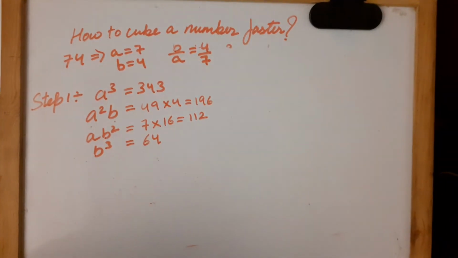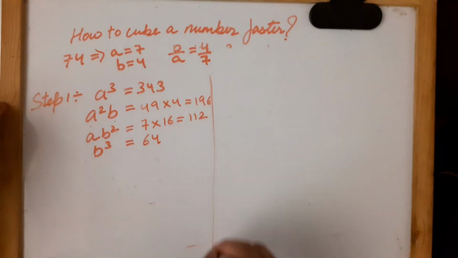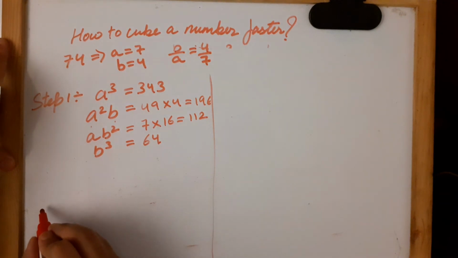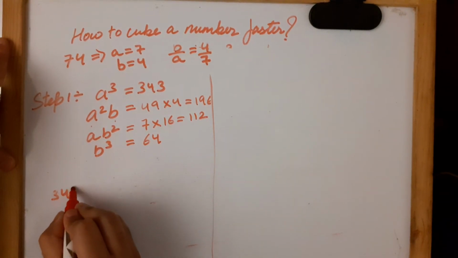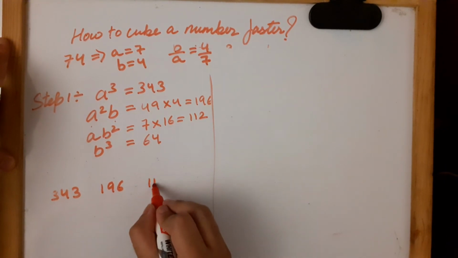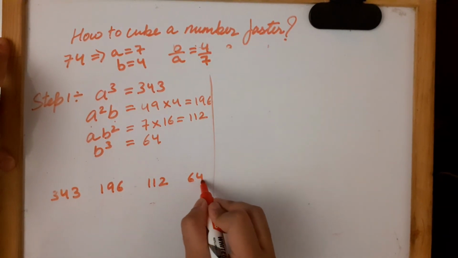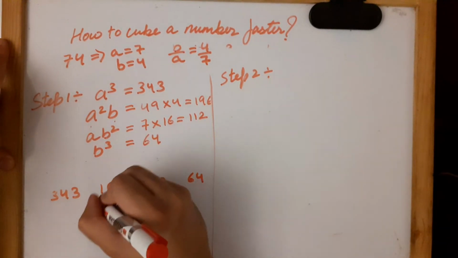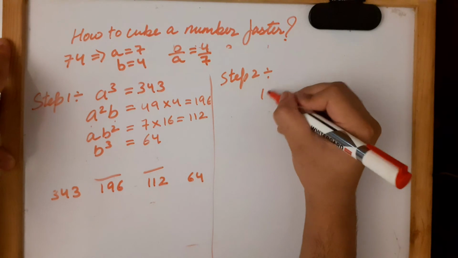Okay guys, now we are moving on to step 2. I'm writing here 343, 196, 112 and 64.